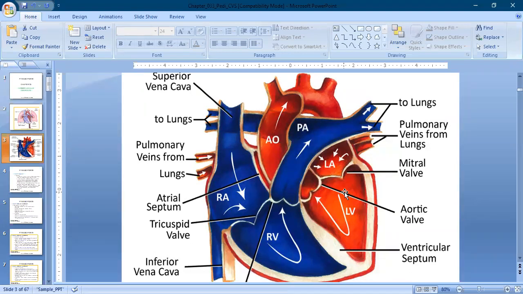If there is any pathology in the right ventricle, we say right ventricular failure. Right ventricular failure, or right-sided heart failure, leads to left-sided heart failure. When both sides fail, we call it congestive heart failure, CCF, right?